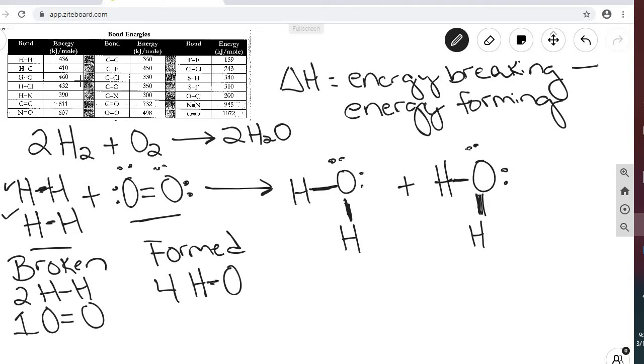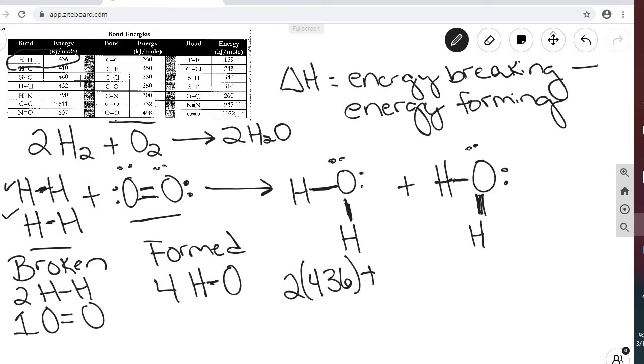Okay, so then let's look at the numbers associated with that. This chart tells us that each hydrogen-hydrogen bond requires 436 kilojoules, and we have two of those. So we're going to take 2 times 436 plus, now we have one oxygen double bond, so that's this.